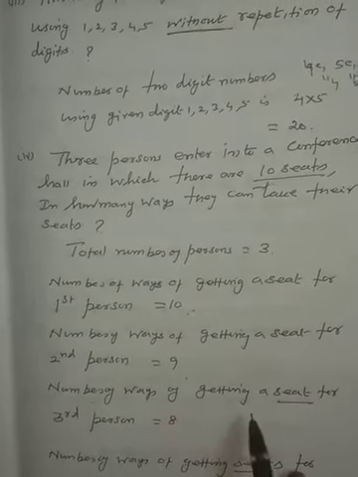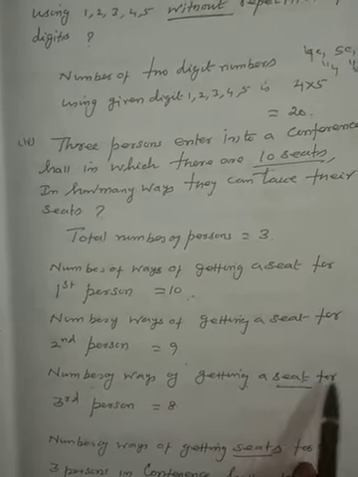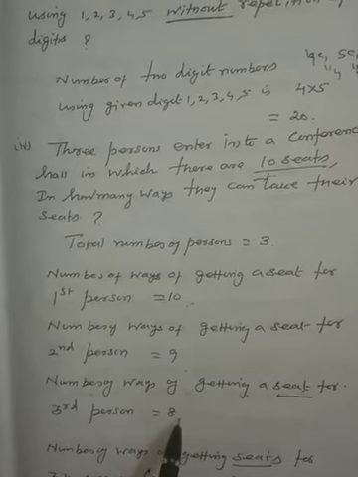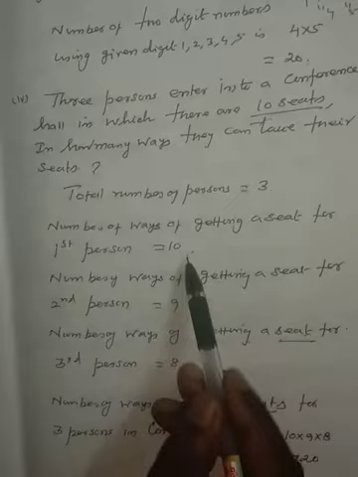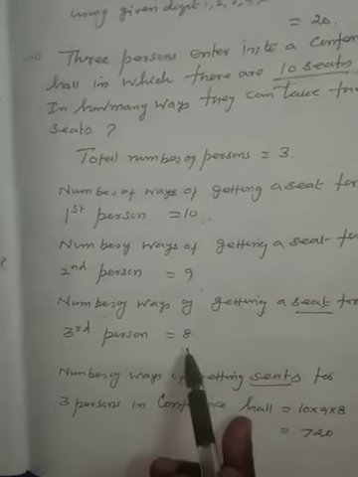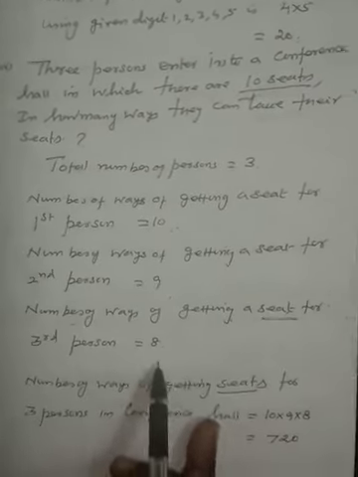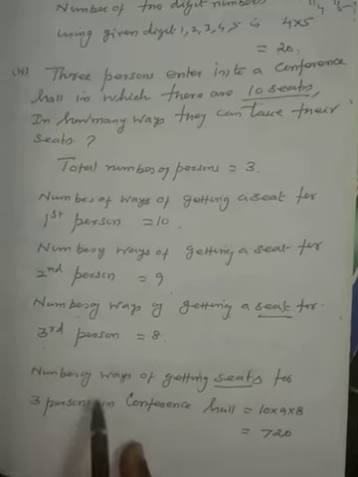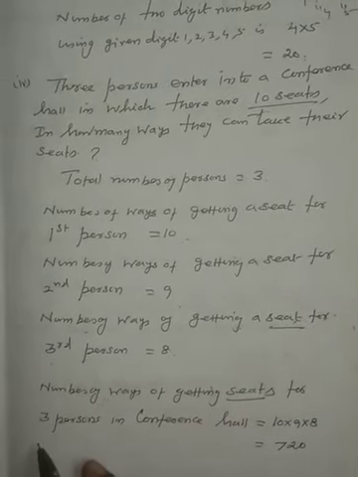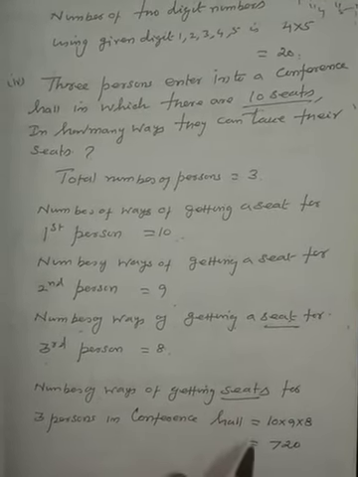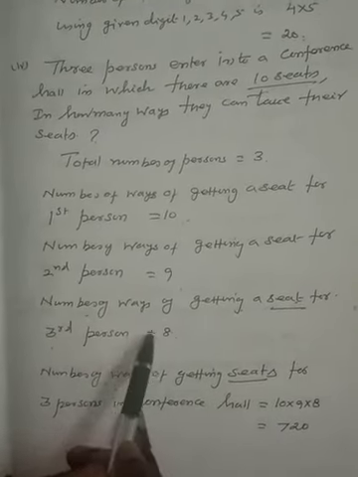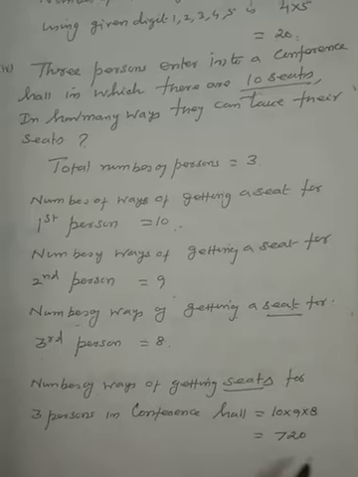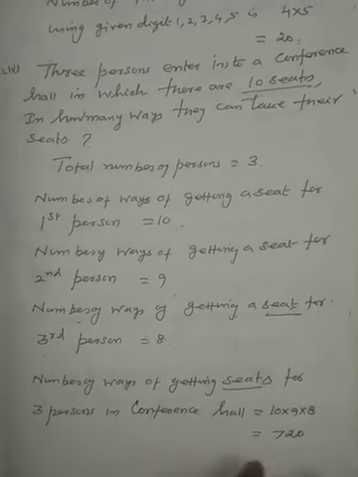The number of ways of getting a seat for the first person is 10. For the second person it is 10 minus 1, which is 9. For the third person it is 9 minus 1, which is 8. Using the product rule, the answer is 10 into 9 into 8, which is 720.